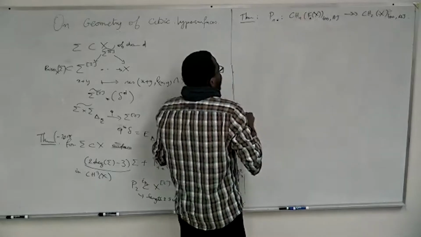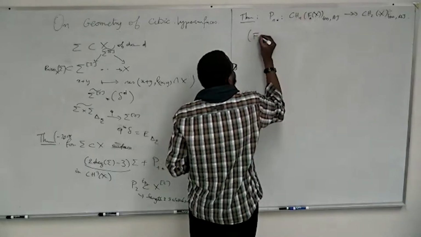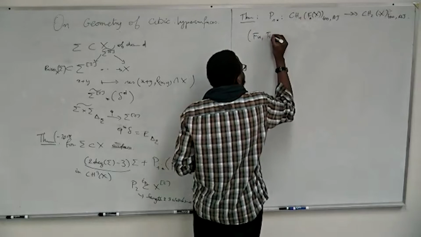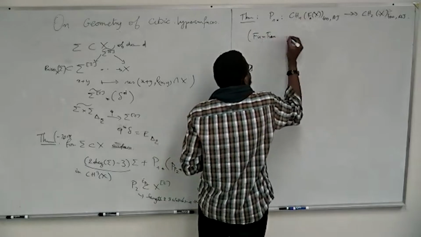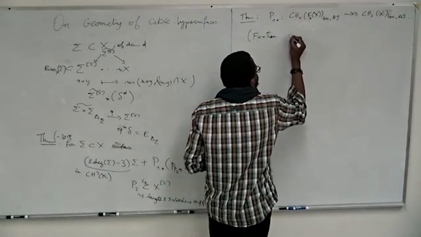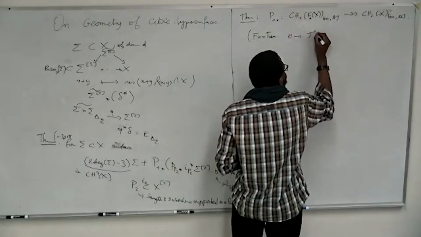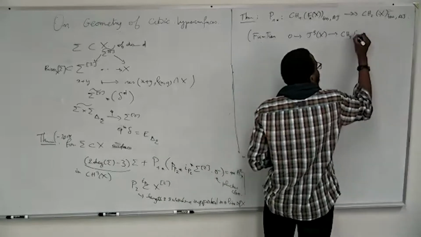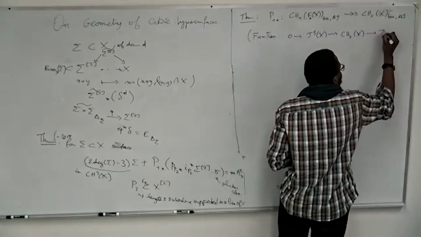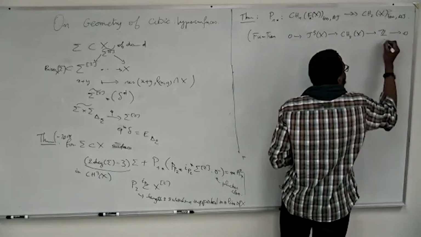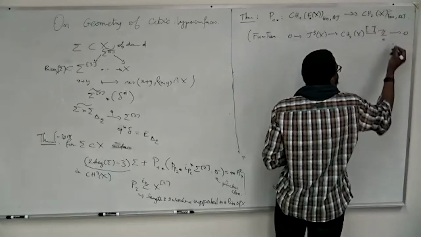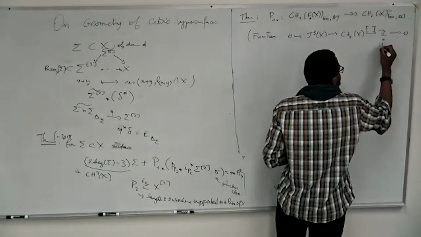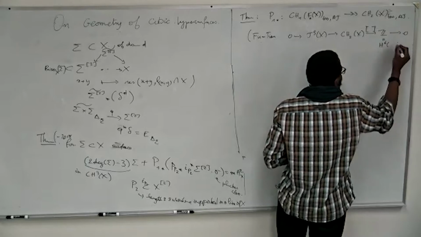But it was done later by Fu and Tian. They proved that one has a sequence like this, where again it is the cycle class.